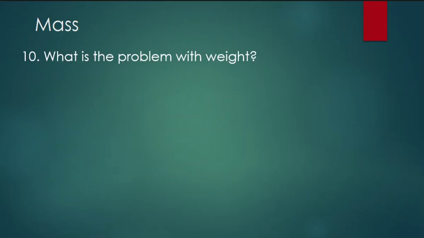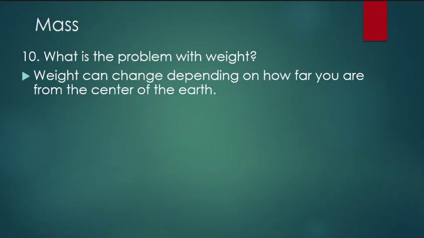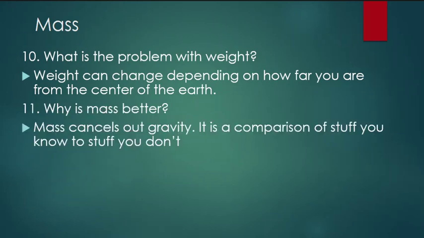But mass is a whole lot better. Weight can change depending on how far you are from the center of the earth. Mass is better. Mass is going to cancel out gravity.